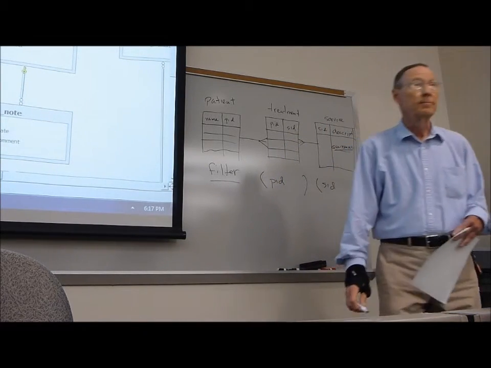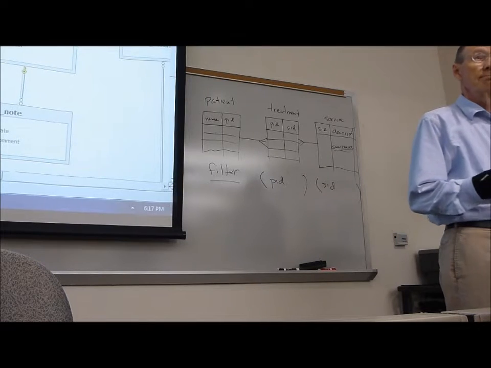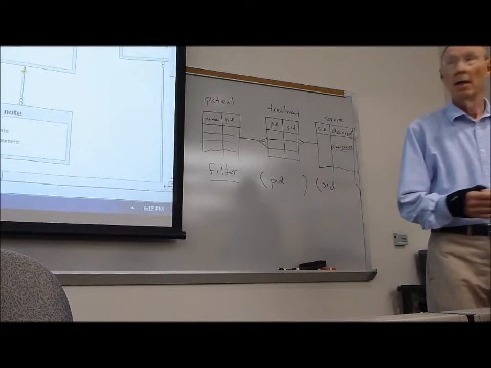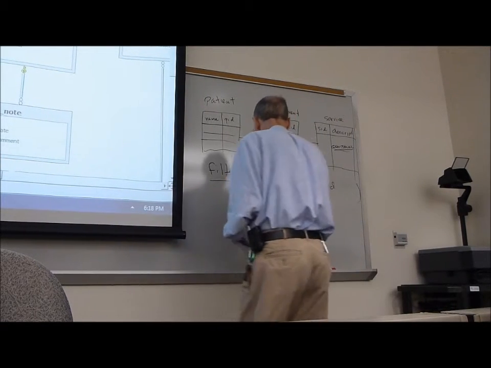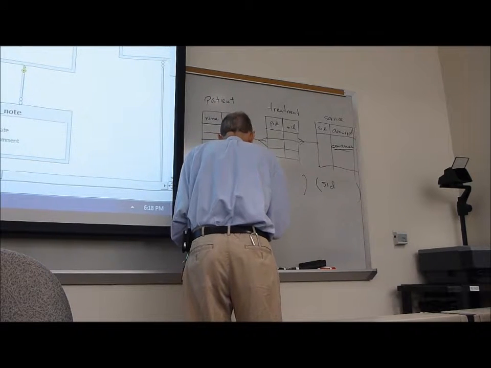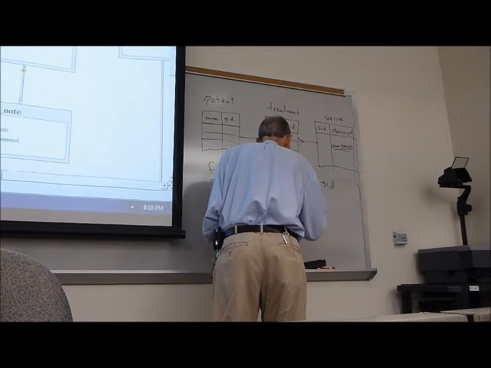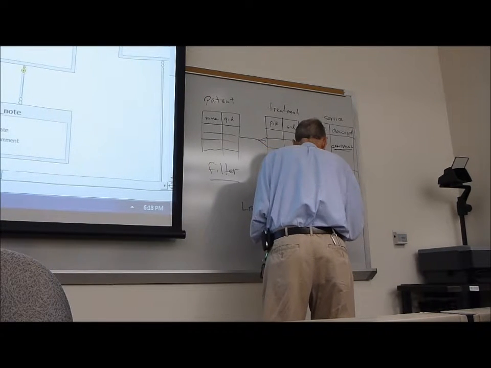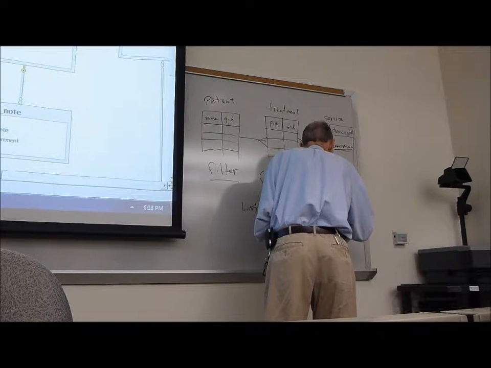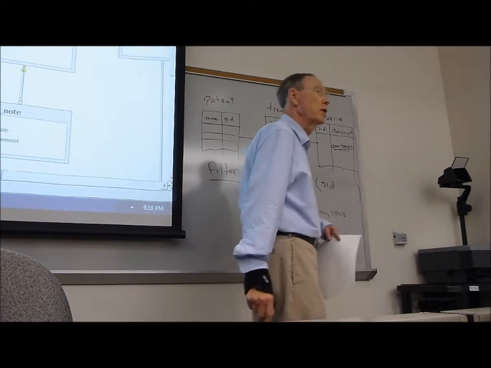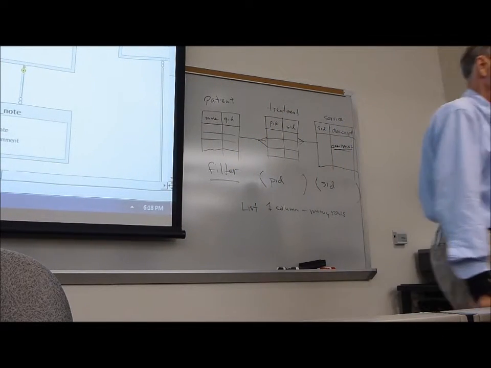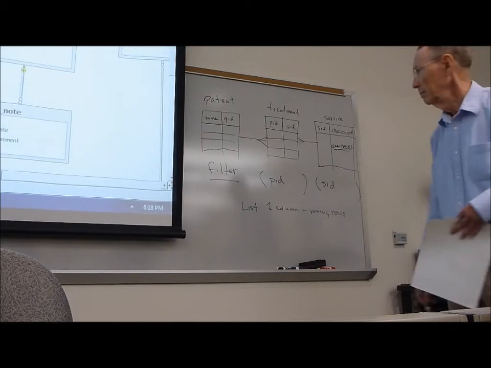A list can be produced by a subquery. And a list is nothing more than one column, many rows. Or a table with one column. Okay? Perfectly good.